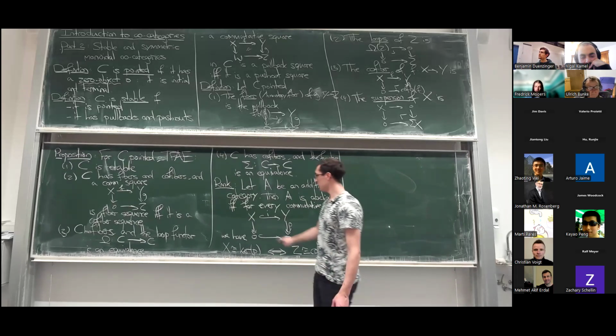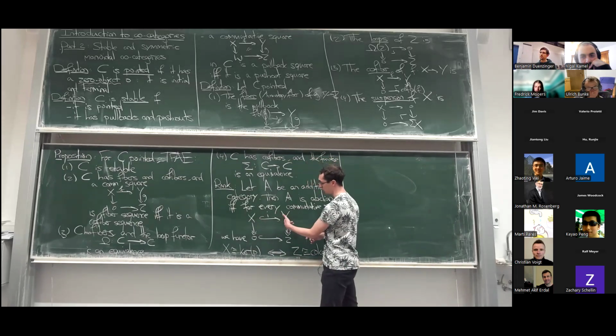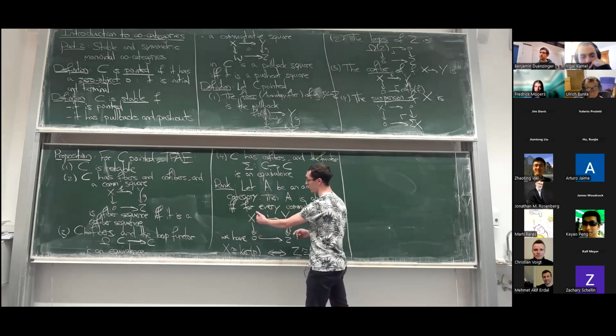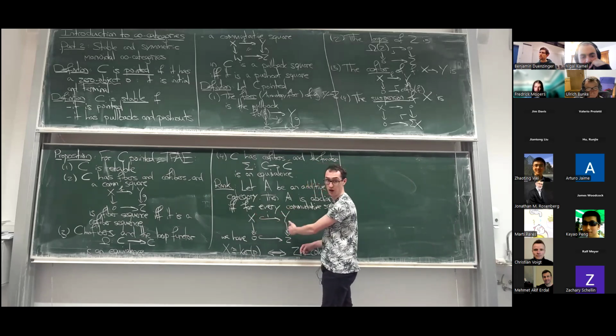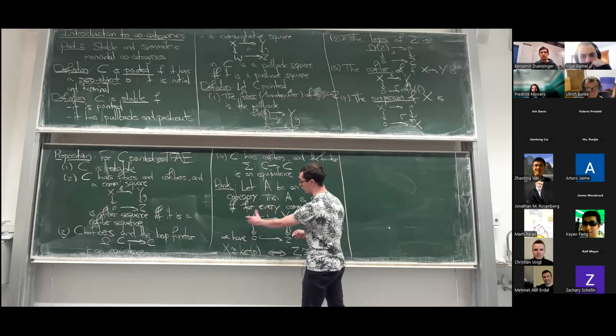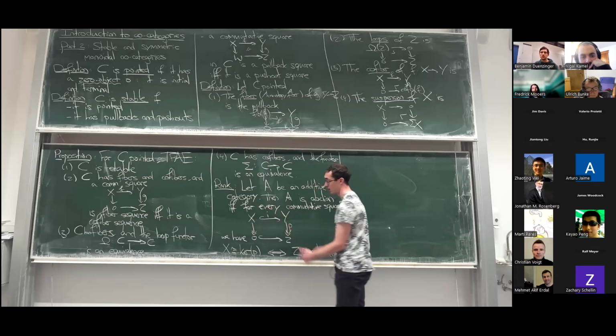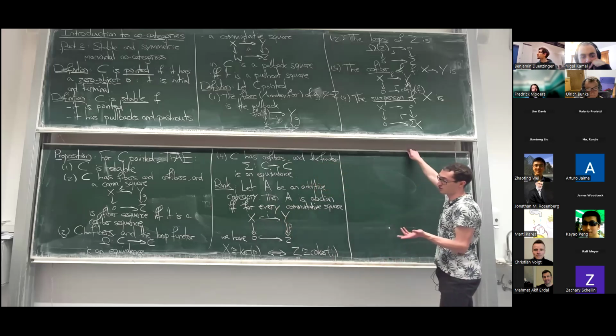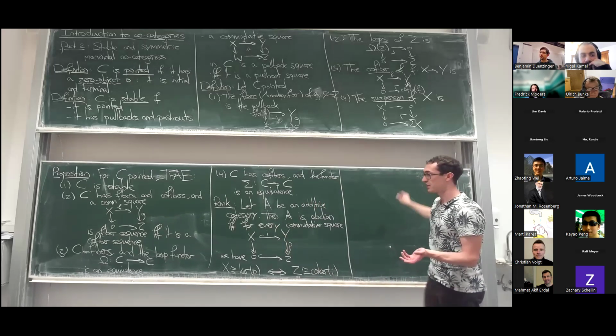So what it basically says is if Z is just the cokernel of I, then we can recover I by taking the kernel of this map. And conversely, if we have any P and we first form its kernel and then the cokernel, we recover P. So monomorphisms and epimorphisms are regular.